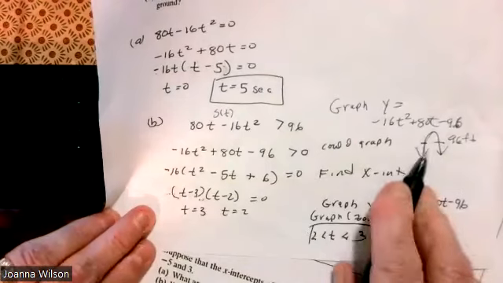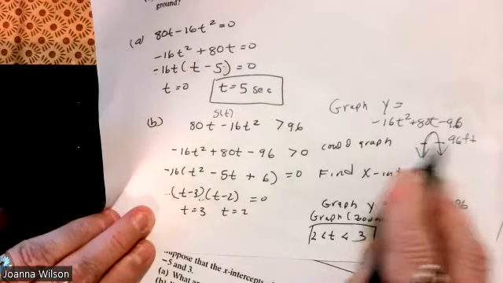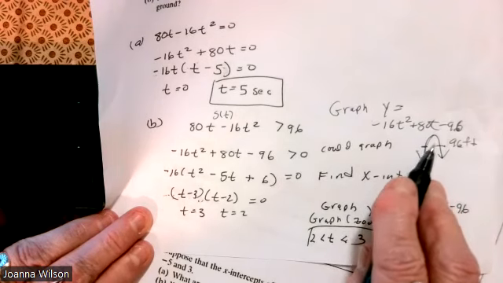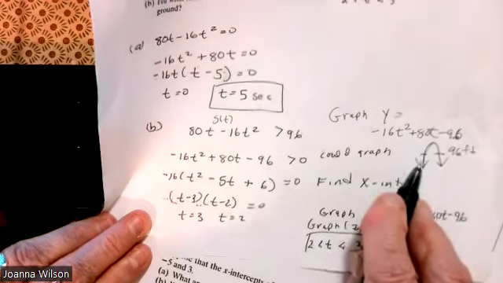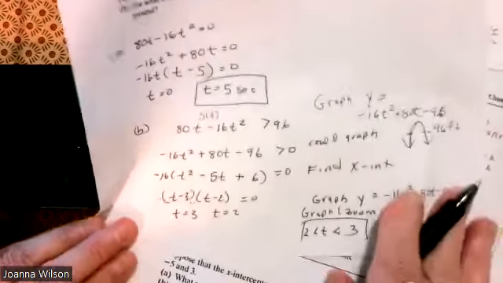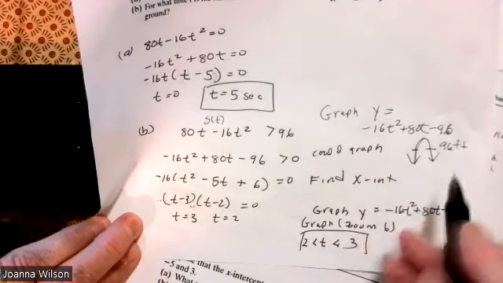And so it's going to be above 96 feet between here and here, for the t values where it's here and where it's here. Let's think of it going from here to here. And so that's for t equal 2 seconds and t equal 3 seconds.